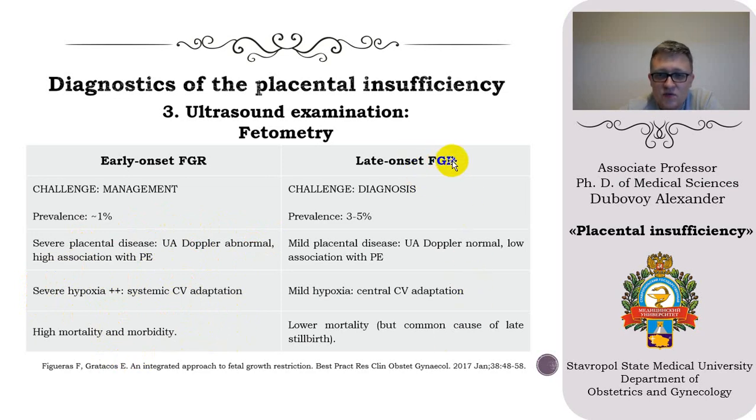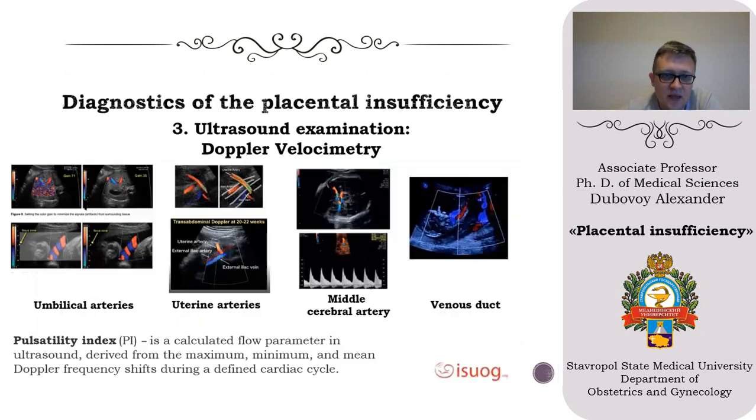Late fetal growth restriction, prevalence up to 5%, mild placental disease, normal Doppler, normal blood flow in placenta and umbilical arteries, low association with preeclampsia, mild hypoxia, lower mortality but a common cause of late stillbirth.